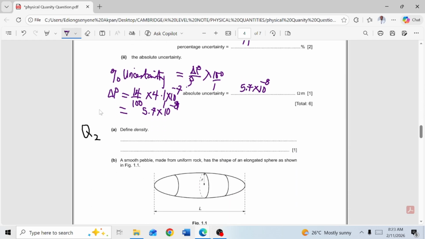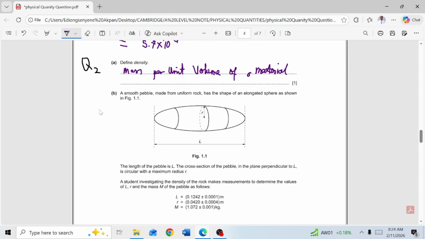Define density. Density of a material is mass per unit volume. The next question. A smooth pebble made from uniform rock has the shape of an elongated sphere as shown.